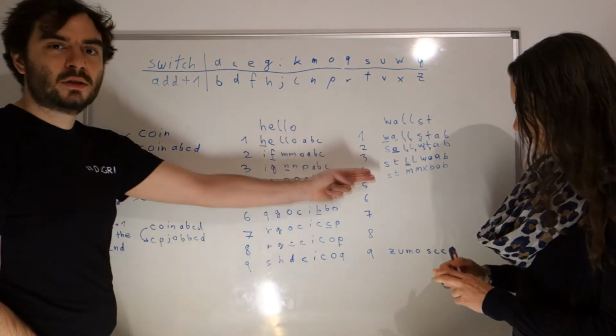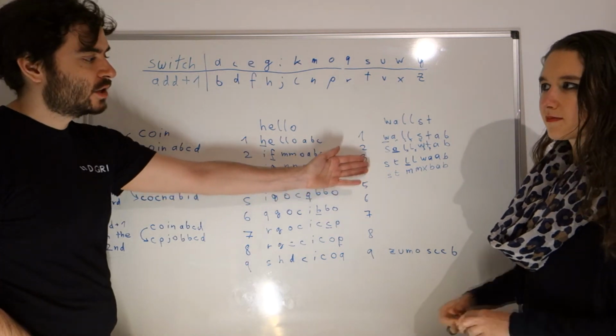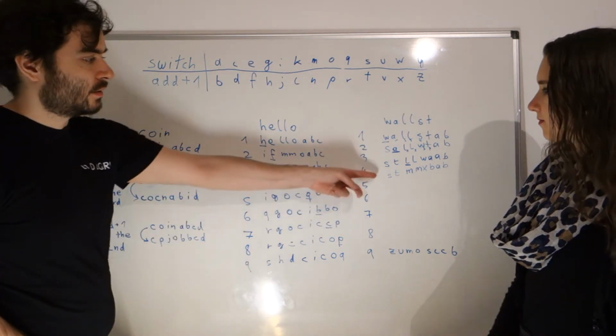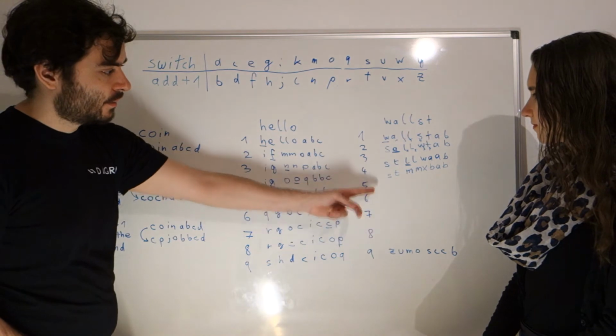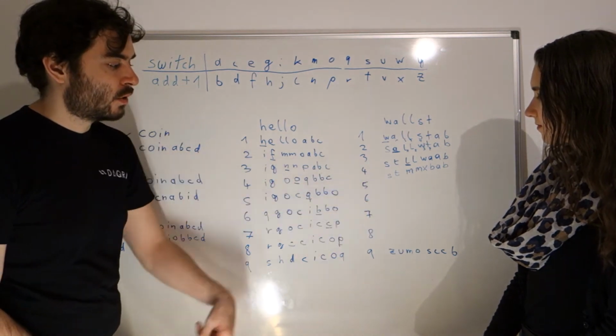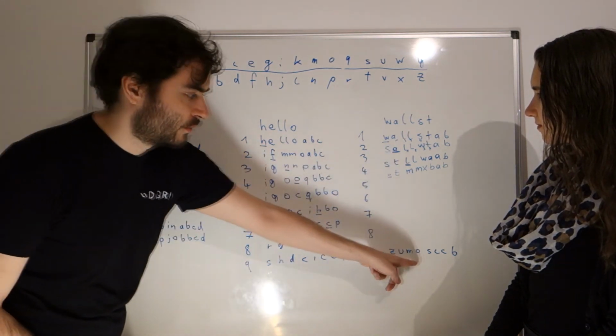And you know, we can continue, but I guess you get the gist of this, and we would apply 1, 2, 3, 4 more operations, and we would end up with this word.